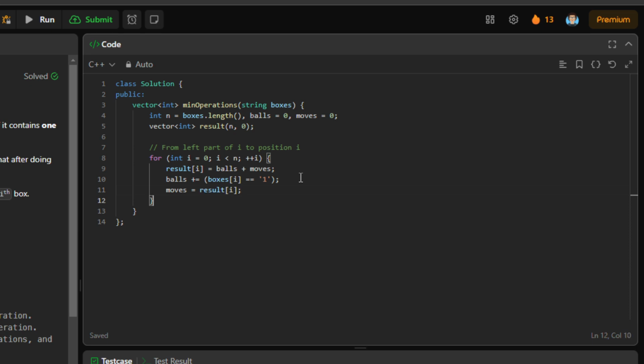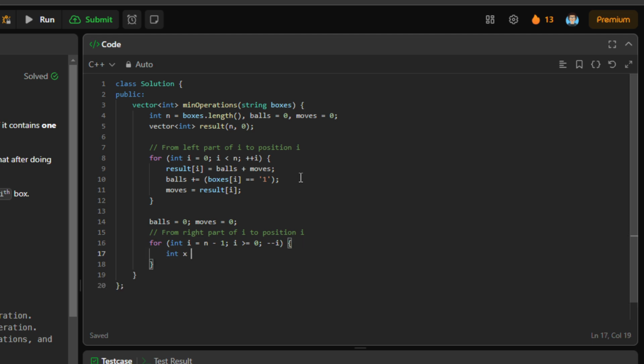Now we are going to traverse from the right part. So the balls will again become 0 and moves will also become 0. Now we are traveling from the right part of I to position I. And we'll calculate x, that is balls plus moves.